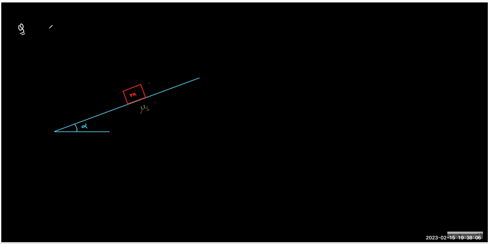And the same question: find the minimum force required to move the block.